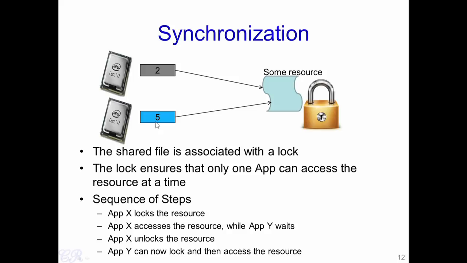In order to use the resource, application 5 will first lock it, ensuring that no other application can use it, and at the end of its usage, it will unlock the resource. Unlocking will allow other applications to use this shared resource.